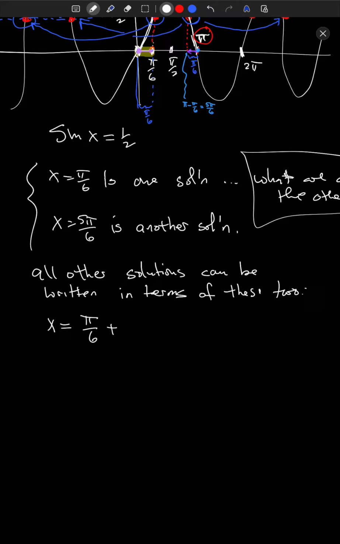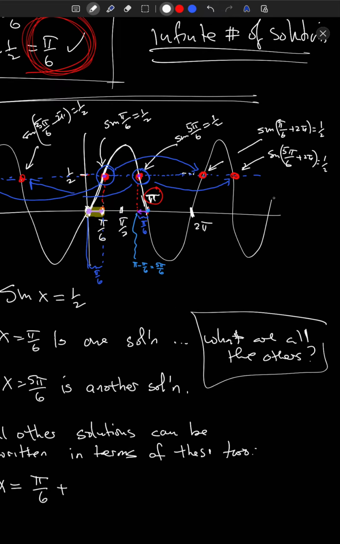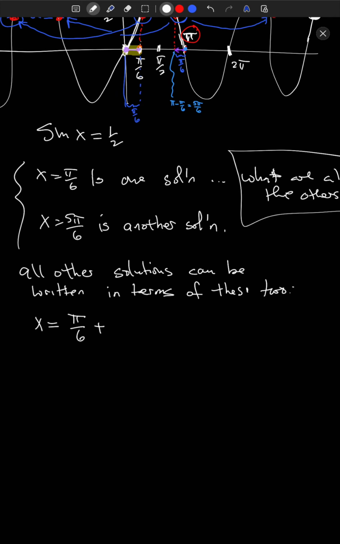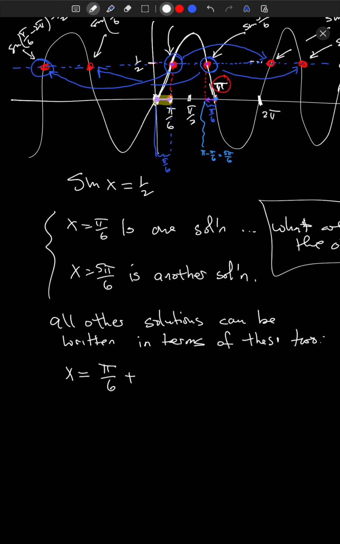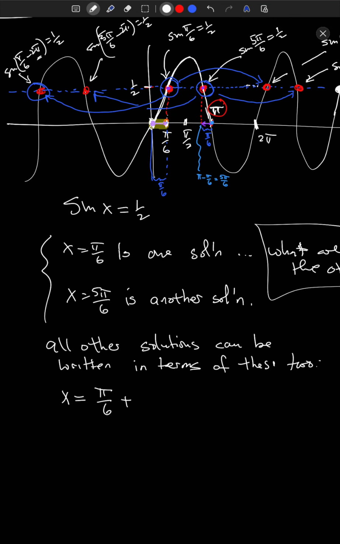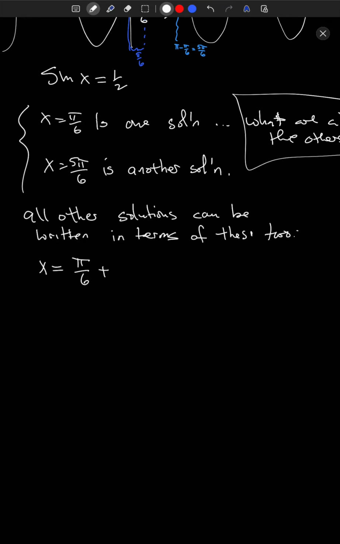If I add another 2 pi, in other words 4 pi, I get to yet another one, over here. If I add 6 pi, I'll get another one, and so on. Any whole number times 2 pi, I'll get another one, including negative numbers, just like we said over here, this would be minus 1 times 2 pi. So the way I'm going to write it is plus 2 pi times any whole number, k.